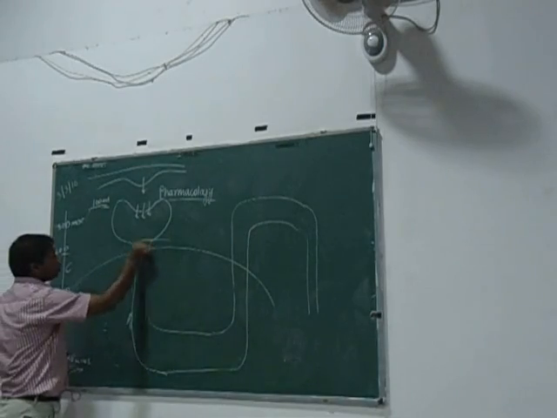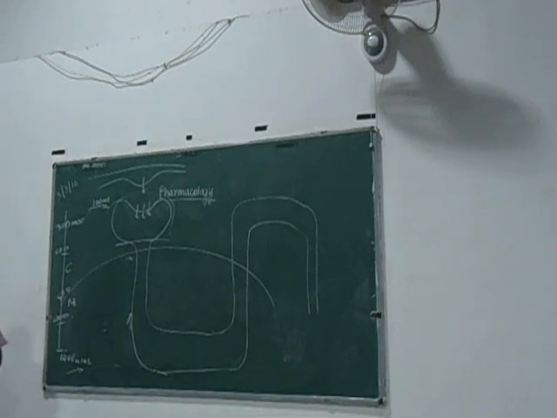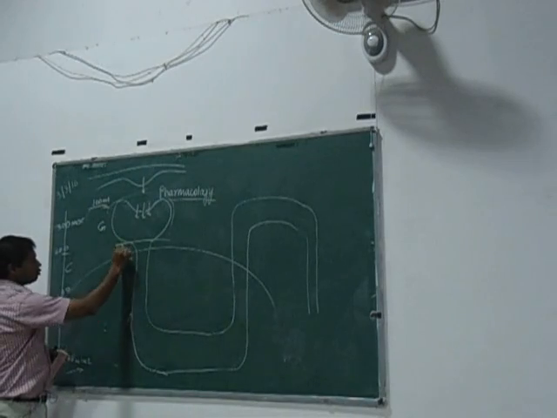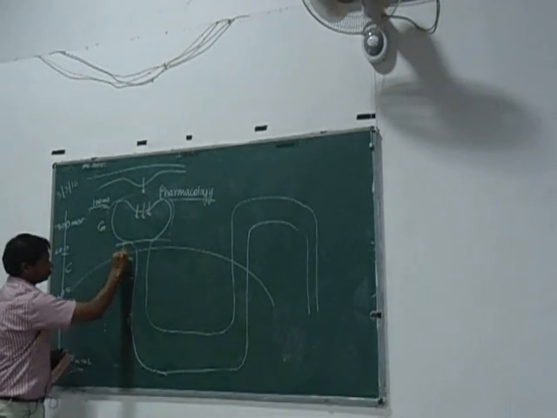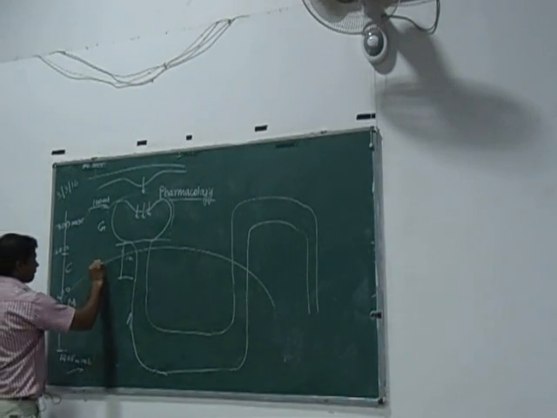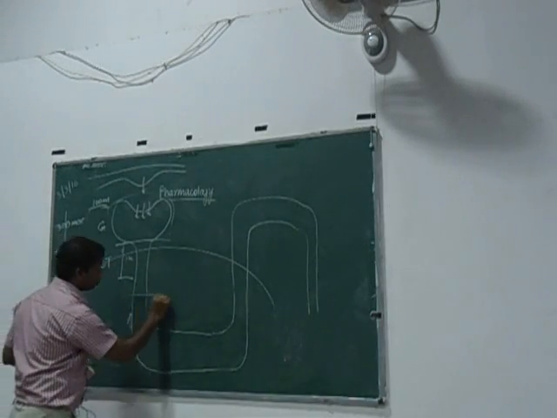So what will be this part of the nephron? PCT. Then what will be this part?